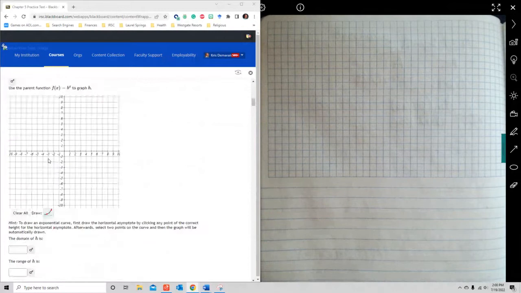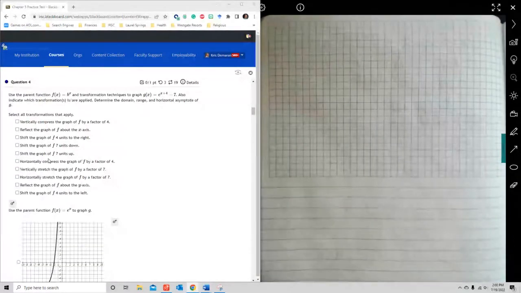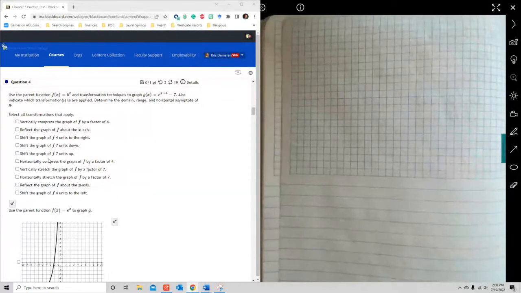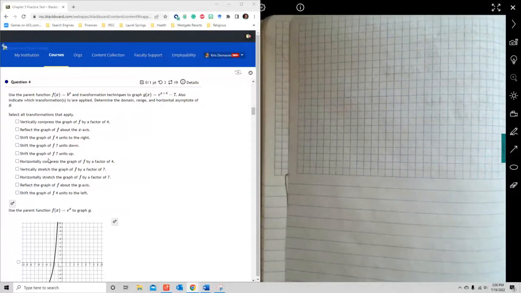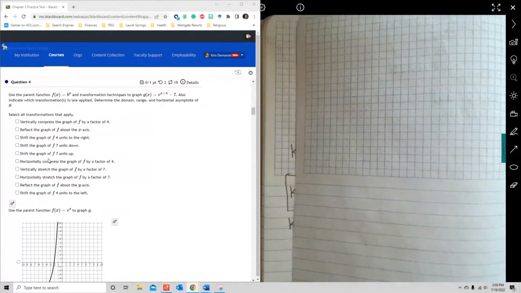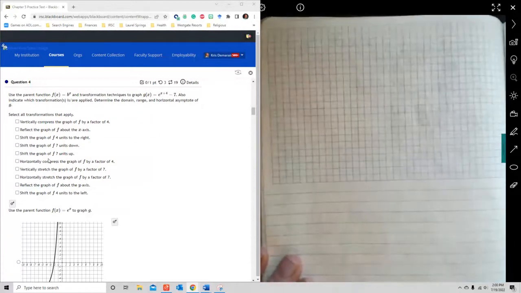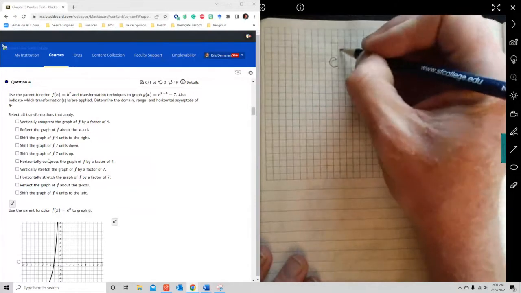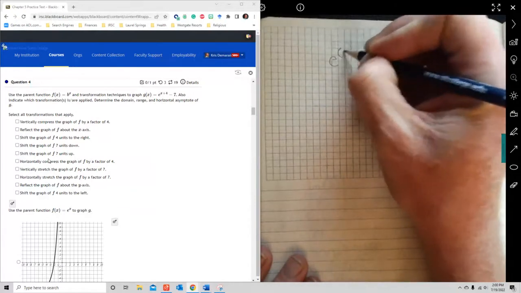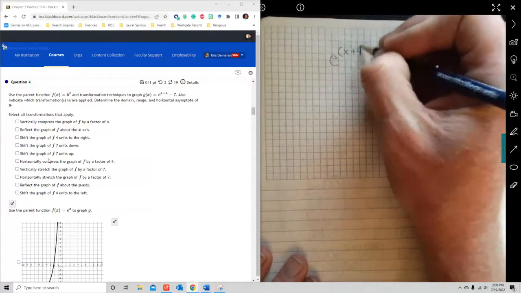But now let's go ahead and go over question number 4. Okay. Now question number 4 says the parent function of the exponential function and the transformation technique to graph it is such as indicated. What does the transformations mean, basically? Okay. So when we're looking at this, because we're looking at e raised to some power, we know that some power is moving to the left 4 units.